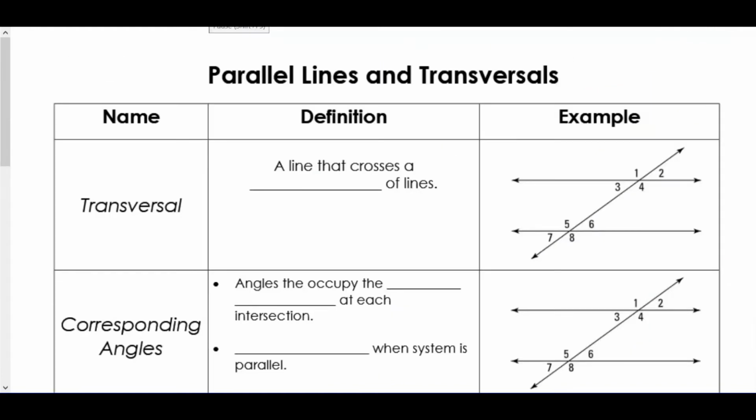It's especially important that we understand those relationships before we get into these trickier ones that deal with parallel lines and transversals. A transversal is really just a line that crosses a system of lines. And a system of lines is really just more than one line. So I'm going to label this as line PQ.